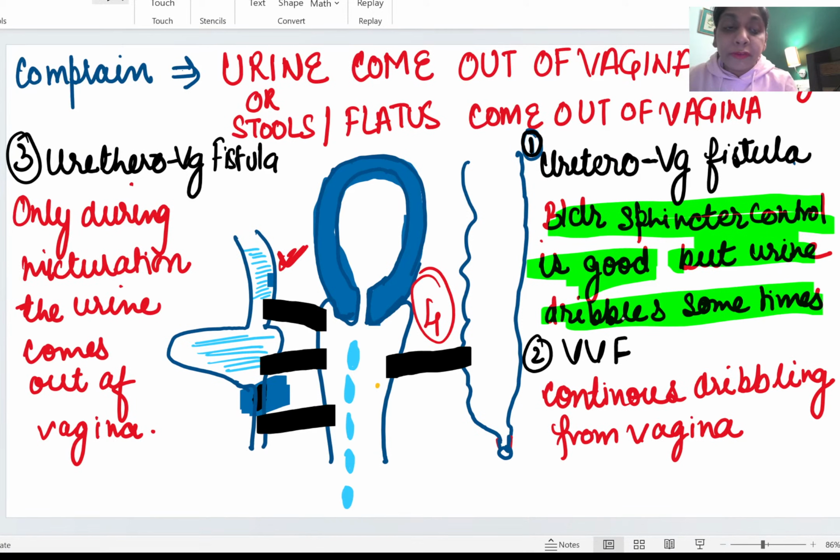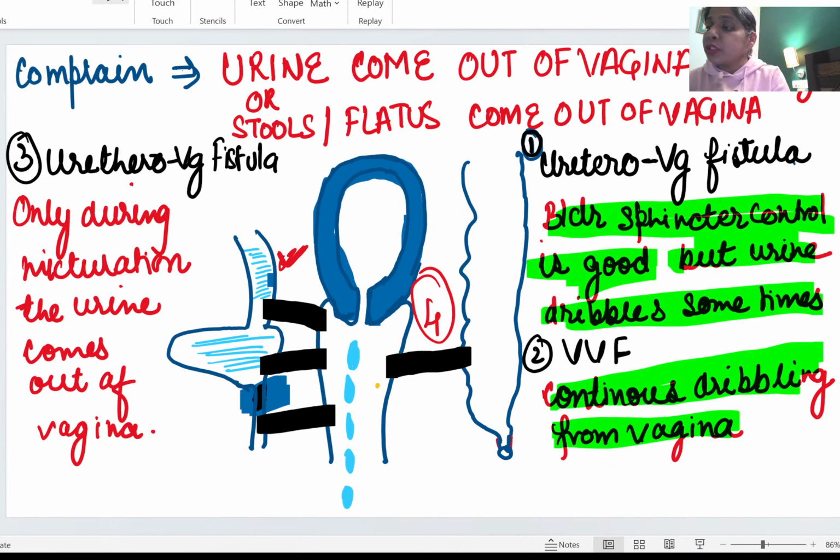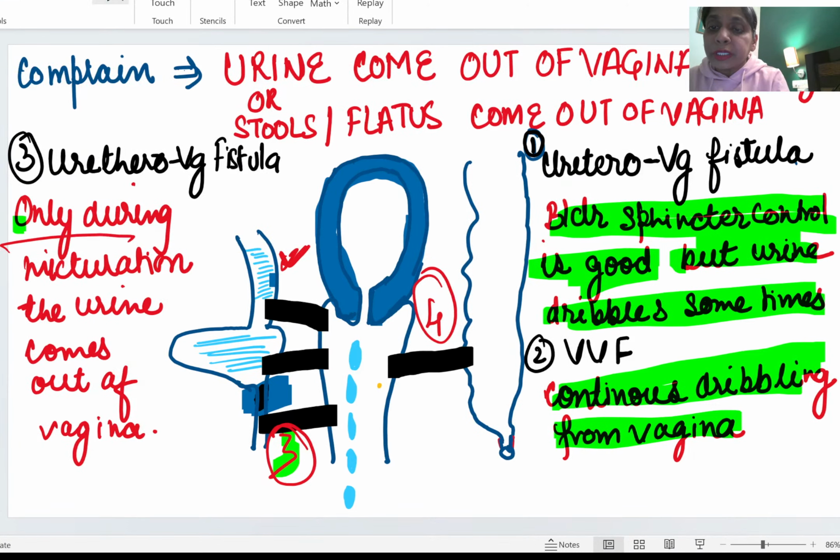In the case of vesicovaginal fistula, there is continuous dribbling. As you all know, bladder is a storage of urine. Bladder is full of urine, that's why. Okay. If it is a case of urethrovaginal fistula, this third one, the lower one, then the patient complains of leakage only during micturition.